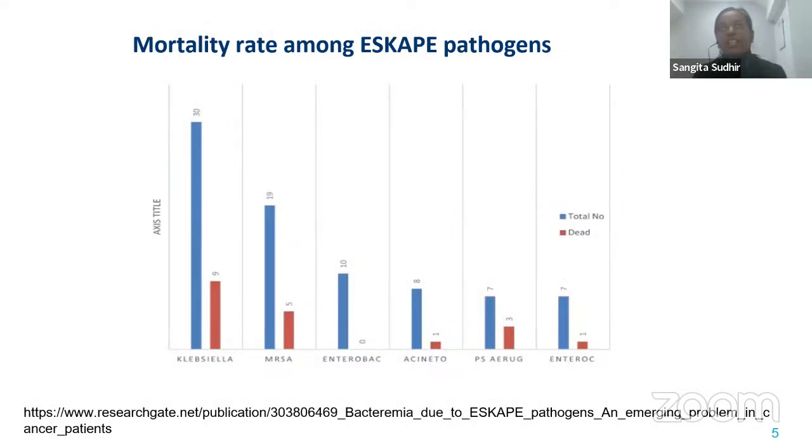Why we focused on Pseudomonas and Acinetobacter is mainly because these are among the ESKAPE pathogens. The term ESKAPE is an acronym. E stands for Enterococcus, S for Staphylococcus, K for Klebsiella, A for Acinetobacter, P for Pseudomonas, and E for Enterobacter.